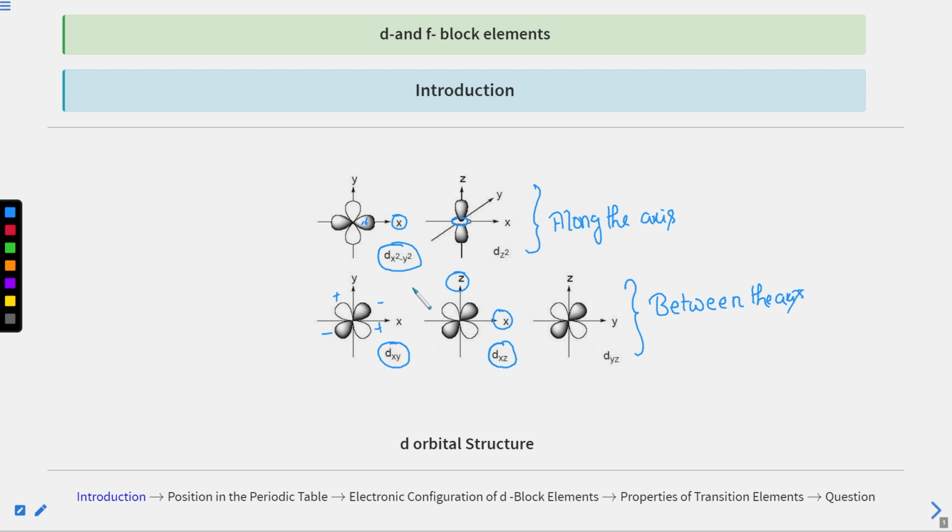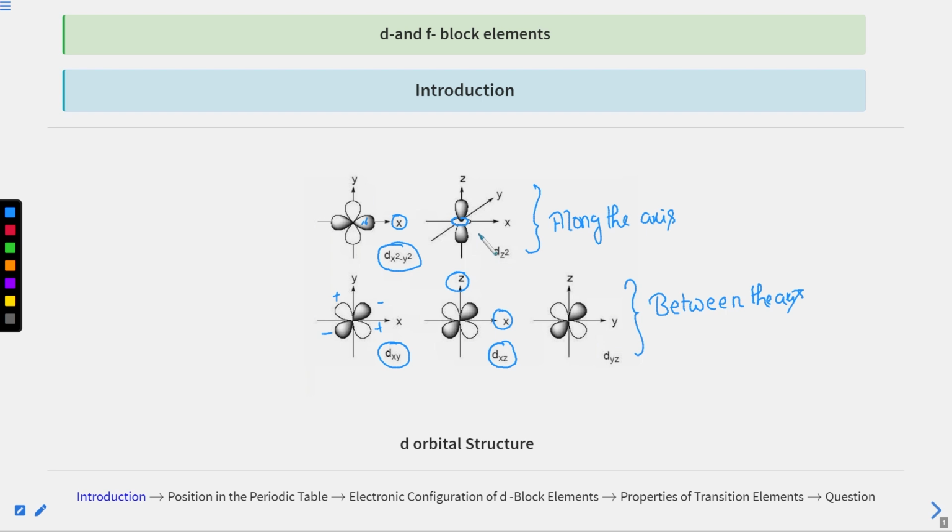The reason is that, apart from these four orbitals, this dz square orbital has almost all the electron density on these two lobes. You can see there are four lobes in each of the others, but in this case we have only two lobes.